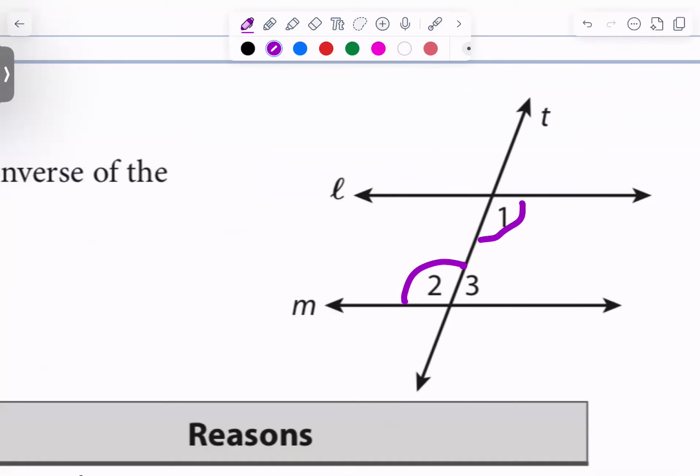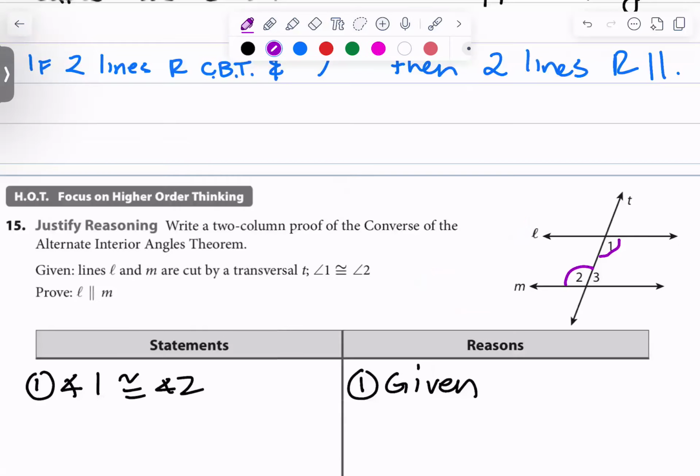Why am I not done? What type of relationship do angle 1 and angle 2 have? They're alternate interior angles, correct? And they're congruent, correct? So I'm done.